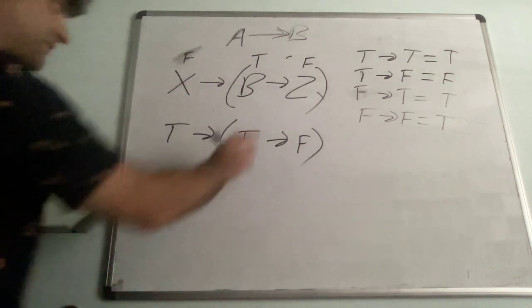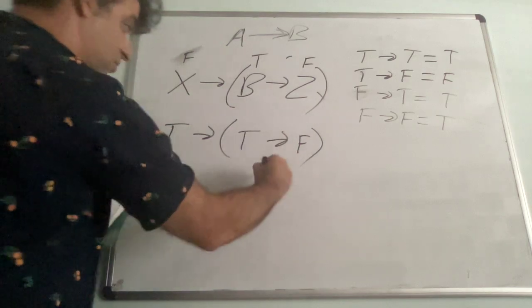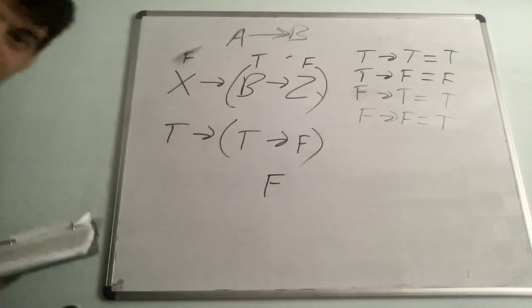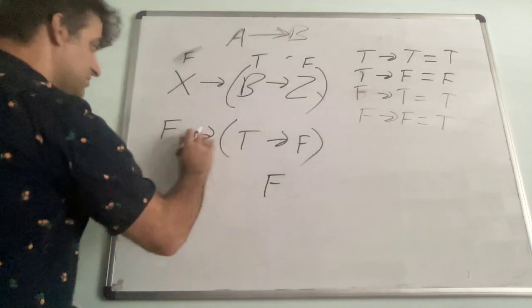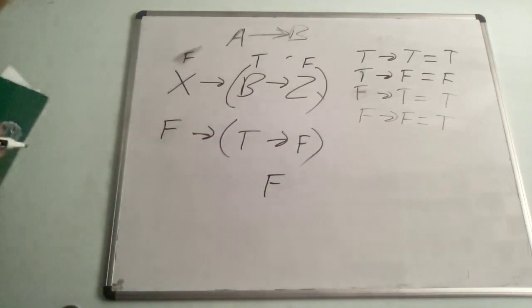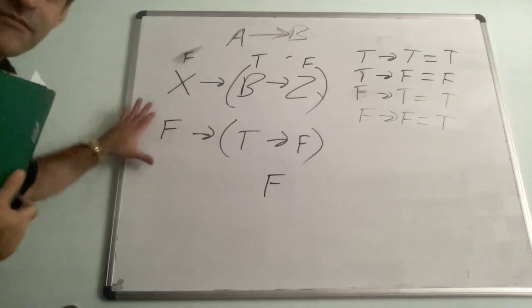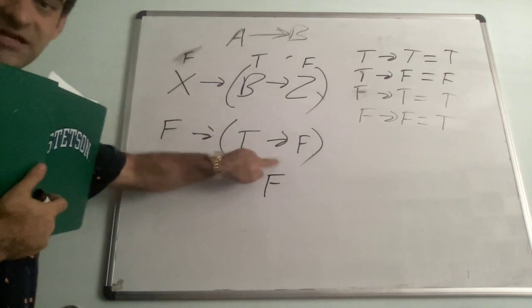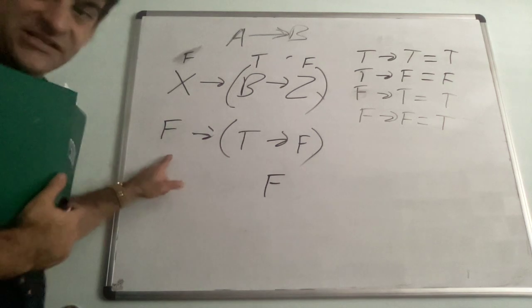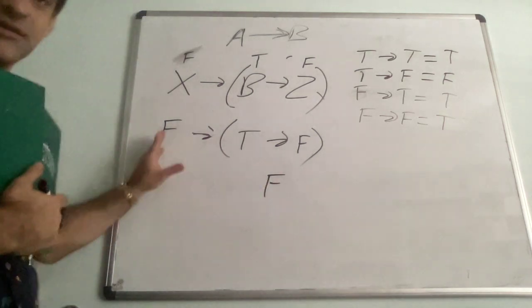But that means this conditional doesn't hold, it's false. Sorry, I messed this up. This is false. That's key to this. Your statement wasn't that Bob implies Zeke. Your statement says if Xerxes is here, then Bob implies Zeke.